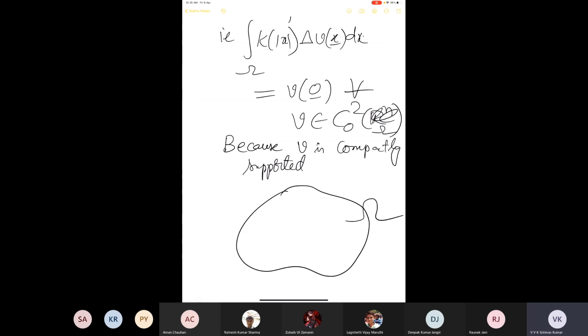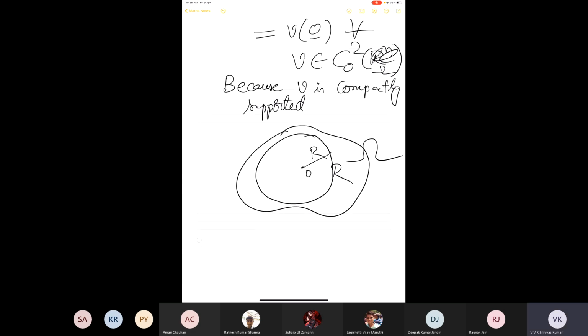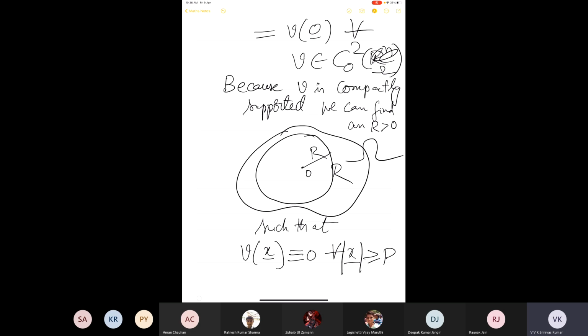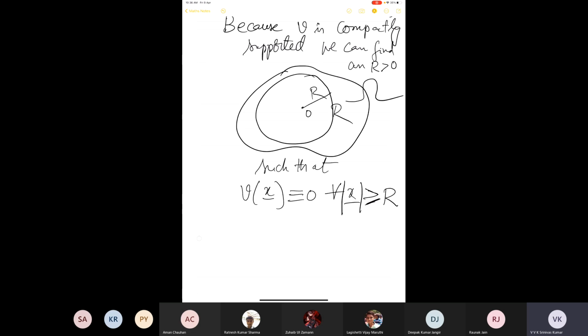That means if there is an origin, you can always find a positive real number R such that V of x is identically 0 for all mod x greater than or equal to R. Outside the ball, including the boundary, it is equal to 0.